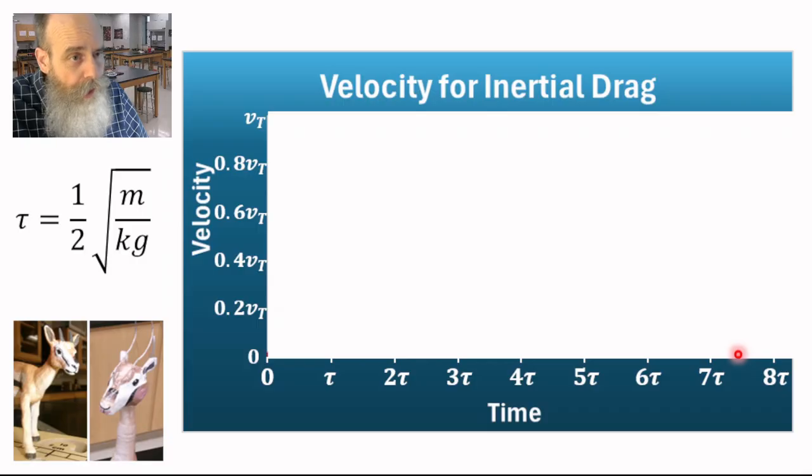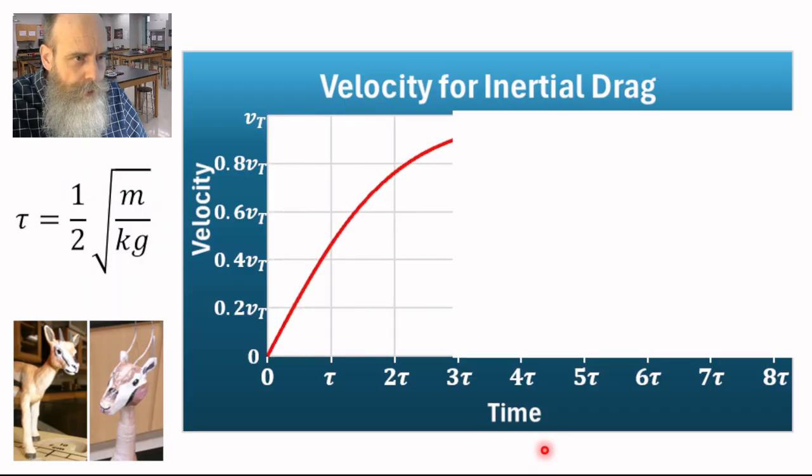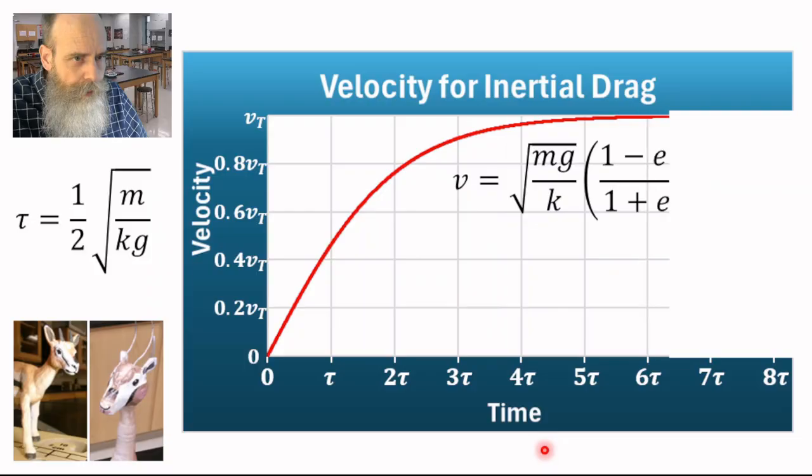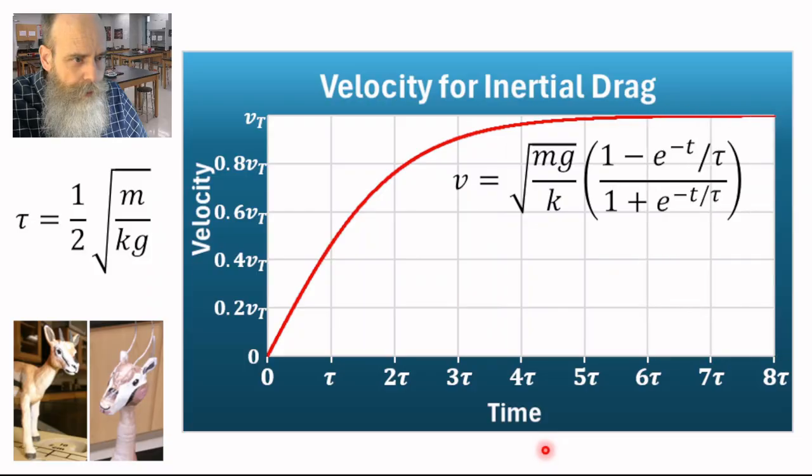Now let's look at velocity for inertial drag. Here I plot velocity in terms of the terminal velocity vt on the vertical axis. We have time in terms of tau on the horizontal axis. Let's see what we get. Velocity starts at 0, and it increases.